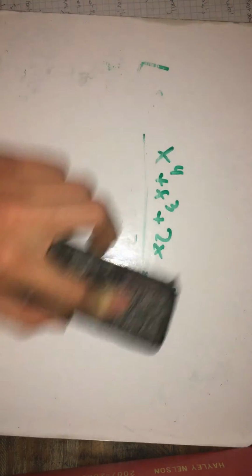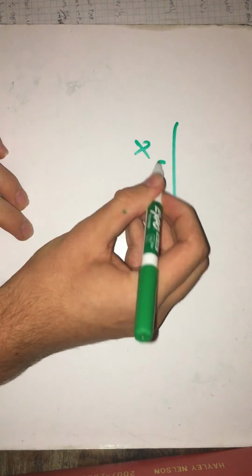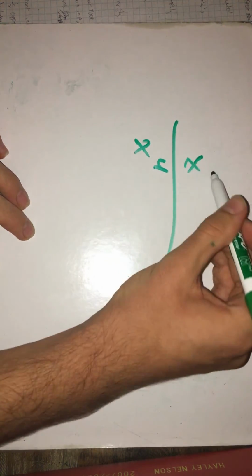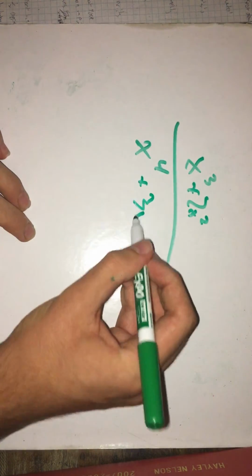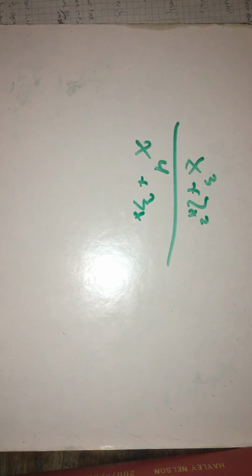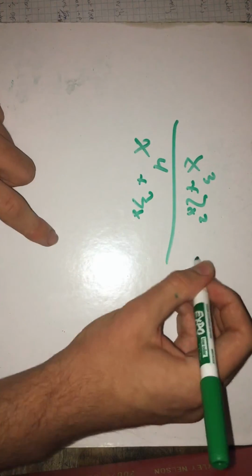Now let's say that we have a denominator that is greater than the numerator. So then what do we do in that circumstance? We pretty much do the same thing.